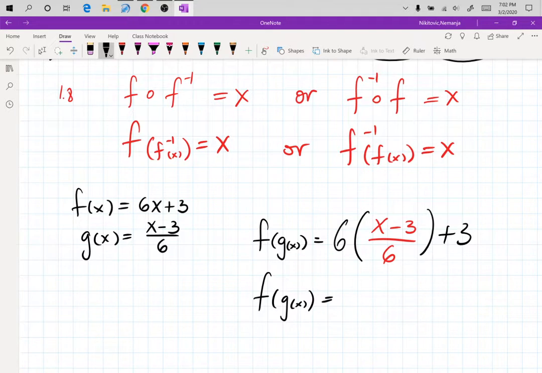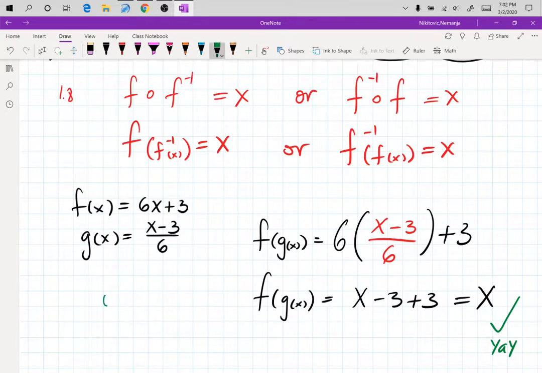Again, I'm looking for x. Well, 6 will cancel 6, leaving x minus 3 plus 3, which is equal to x. So yes, they are inverses because the function composition worked out to be an x at the end.